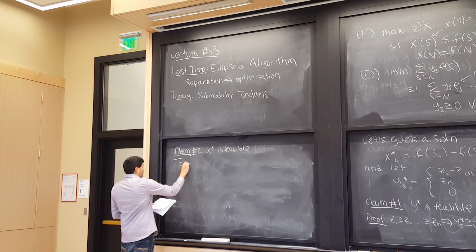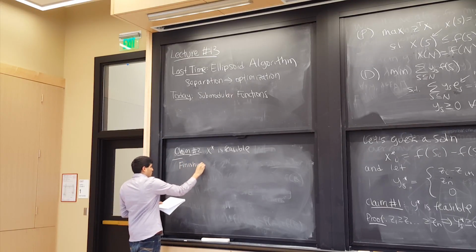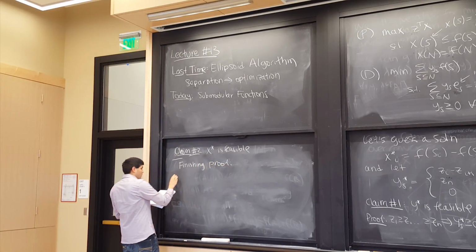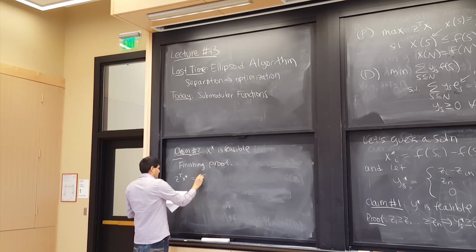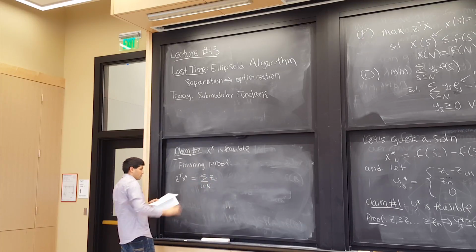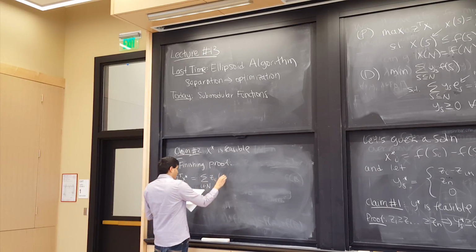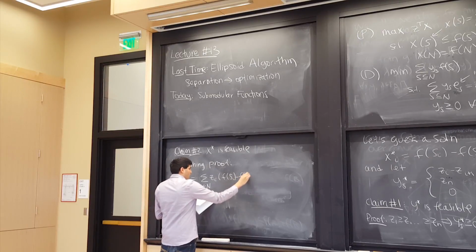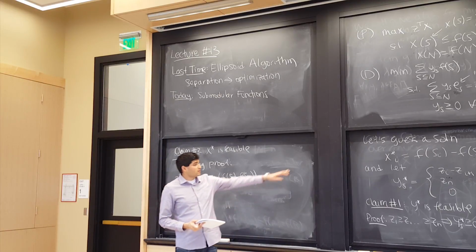So here's how we would finish the proof. All we have to do here is write it out. So z transpose times x star. Writing out what this literally is, the sum over i in n of zi, a length n vector times itself, f of si minus f of si minus 1, because that's how we set x star.